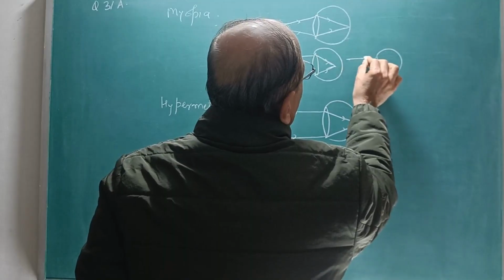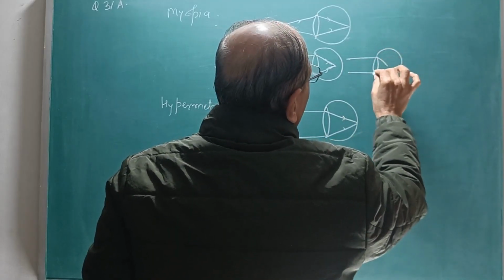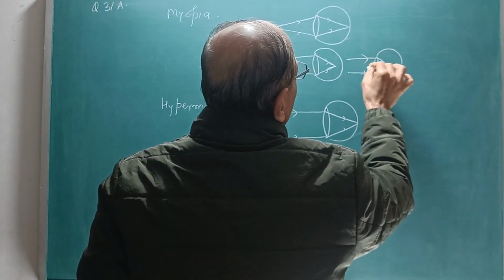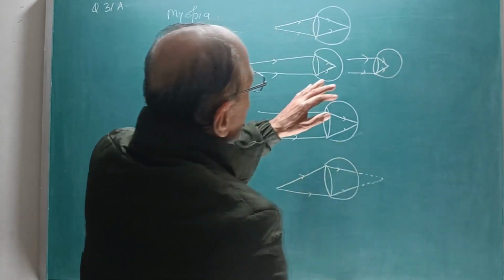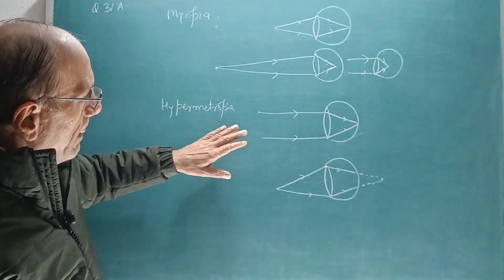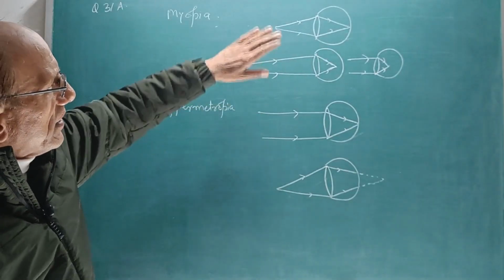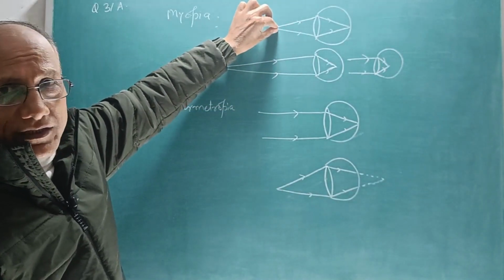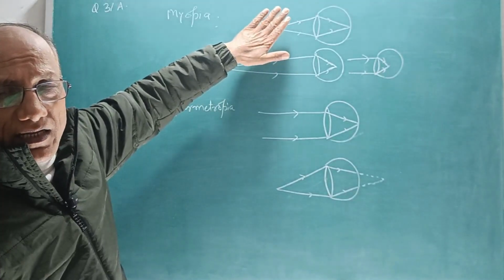In this case also you can make a diagram like this. The parallel rays will meet early, so this will not be visible by this person. So this is the difference.